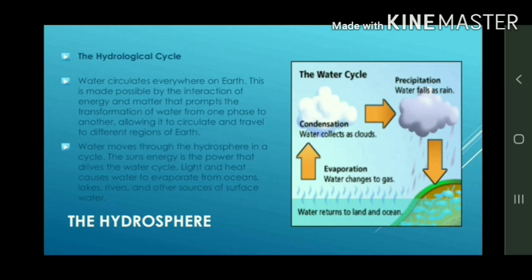This process is called condensation. Drops of water fall back down to Earth again as precipitation, which can be in the form of rain, snow, sleet, or hail. The precipitation fills up the rivers, lakes, and oceans, and the cycle begins all over again.